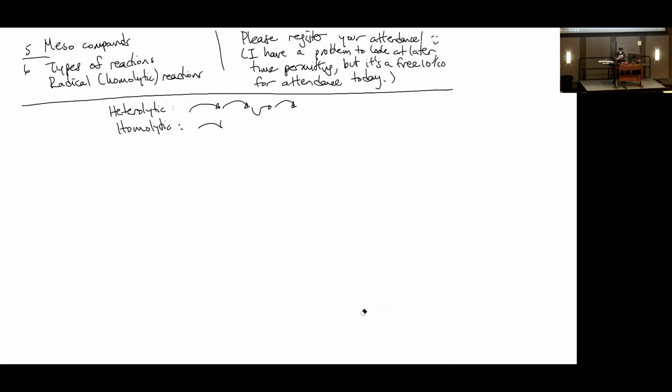So for a typical homolytic process, it might look something like this. I'll just put an example over here. I'll just be very generic about this. Let's say we have this radical X. And let's say we also have a species that's not a radical, that's an even electron species.